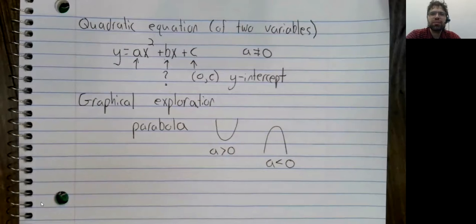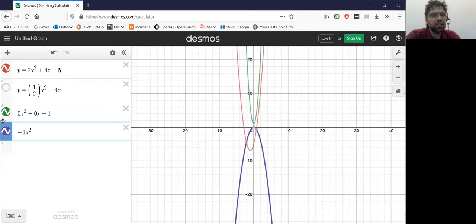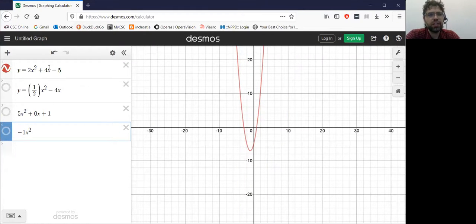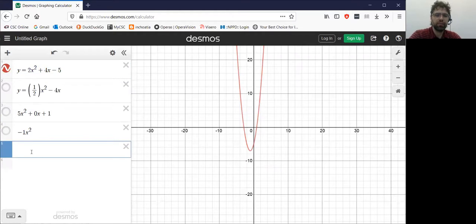So going back to Desmos, let's hide some of these things. Here's a parabola, 2x squared plus 4x minus 5.